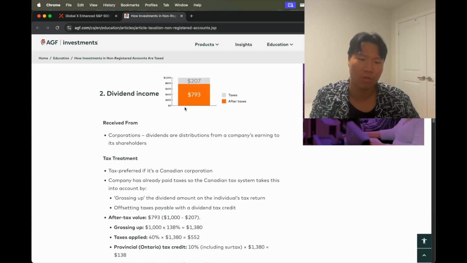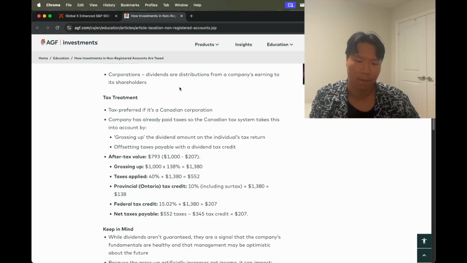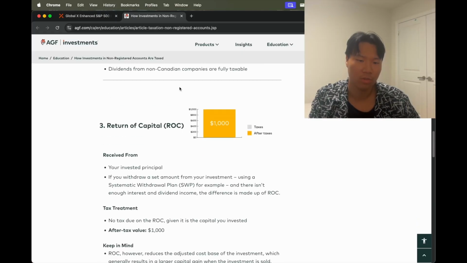So over here, the example is you only need to pay $200 in taxes. And this is just like regular dividend income from your investments like Coca-Cola, Visa, and whatnot. Not too special.